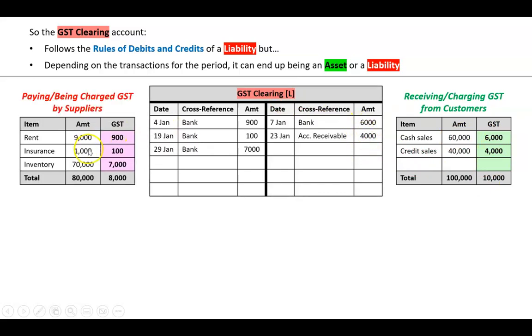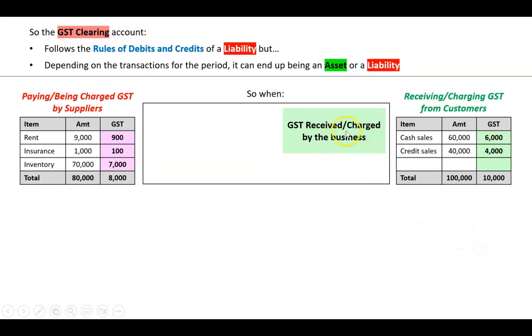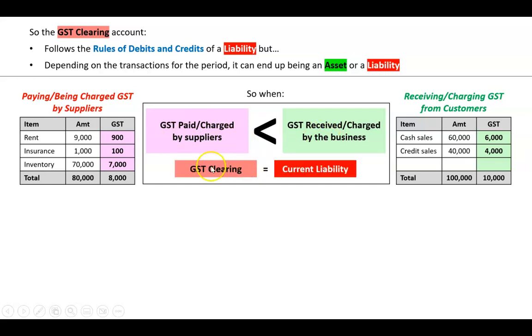It went down with the payments, and in this case, the amount of GST we received or charged was more than we paid, so we ended up with a liability of $2,000. If we could just summarize that, we could say, when the GST received or charged by the business is more than the GST paid or charged by suppliers, the GST clearing account will be a current liability.